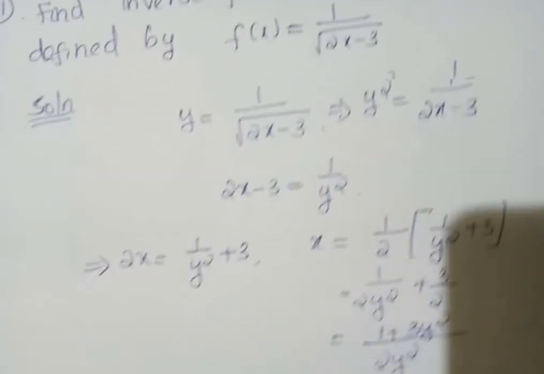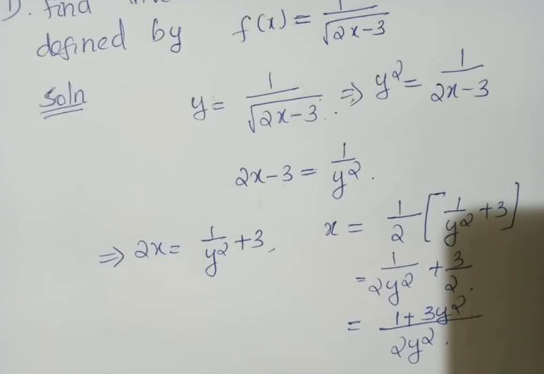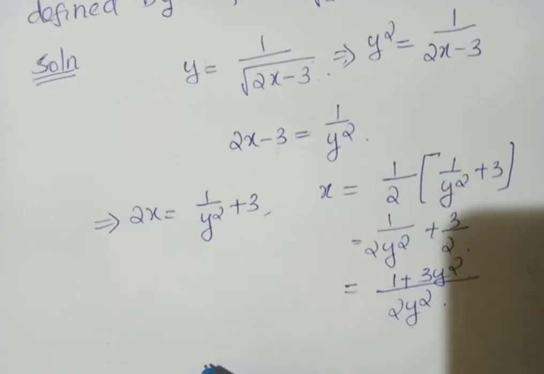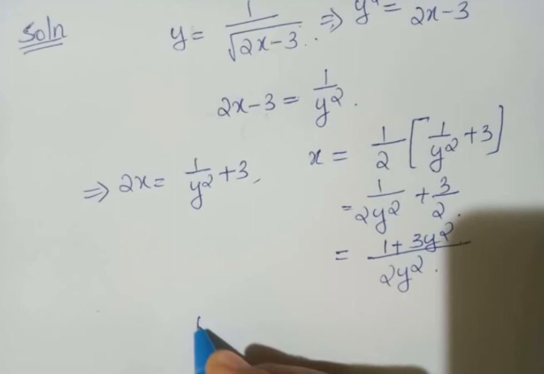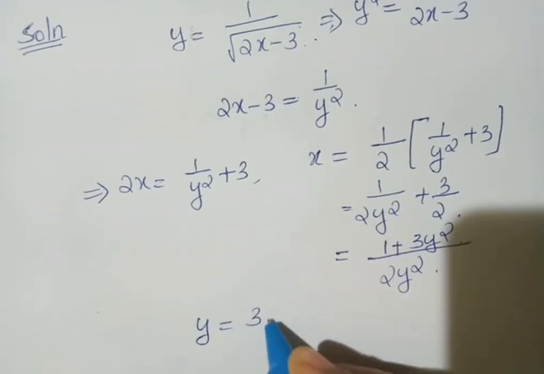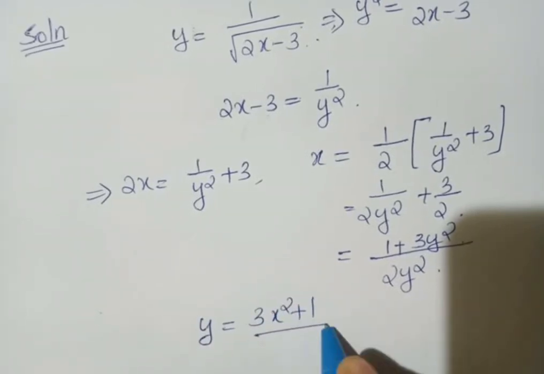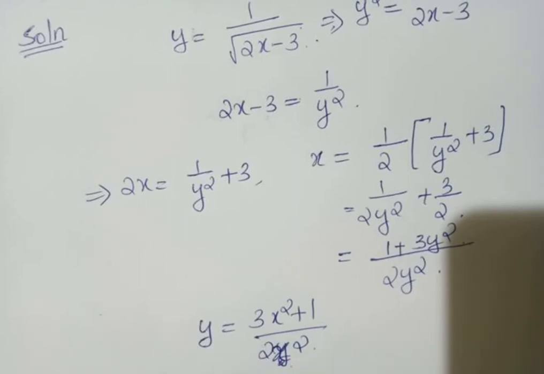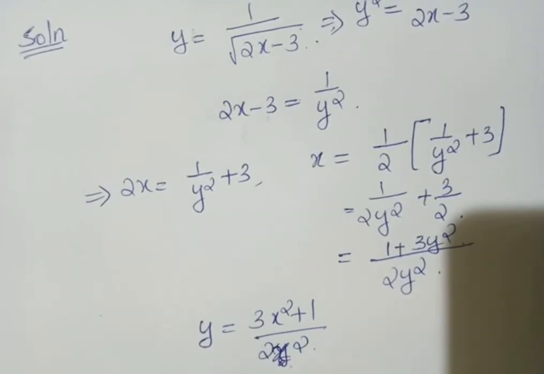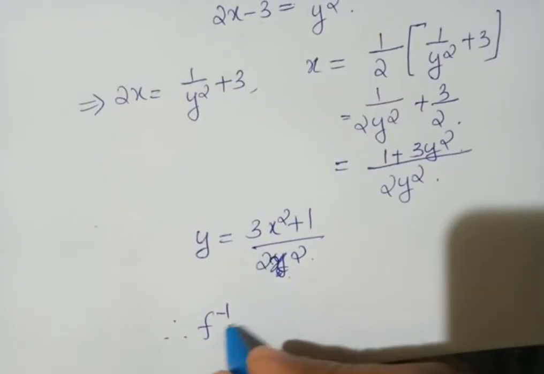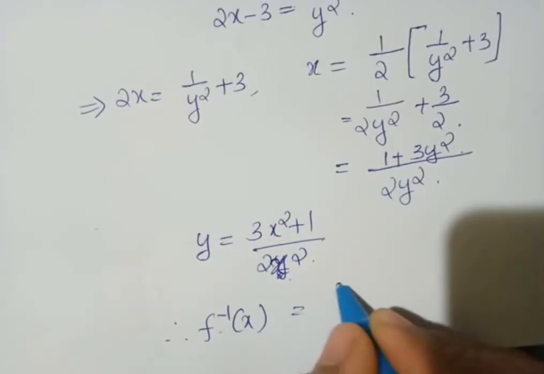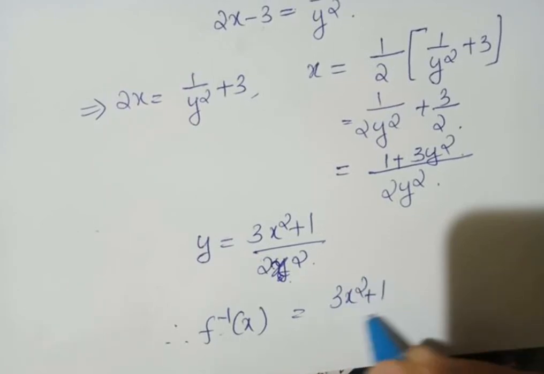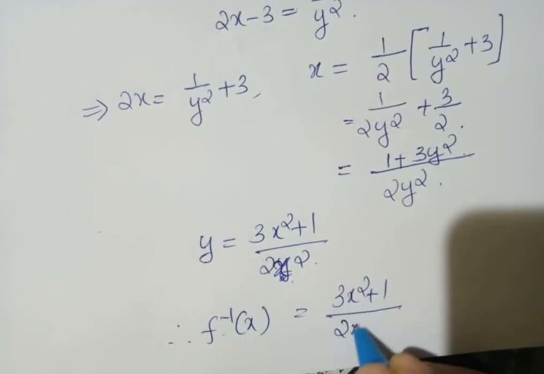The last step is interchange x and y. So y equals 3x square plus 1 divided by 2x square. So the inverse function f inverse x is given by 3x square plus 1 divided by 2x square.